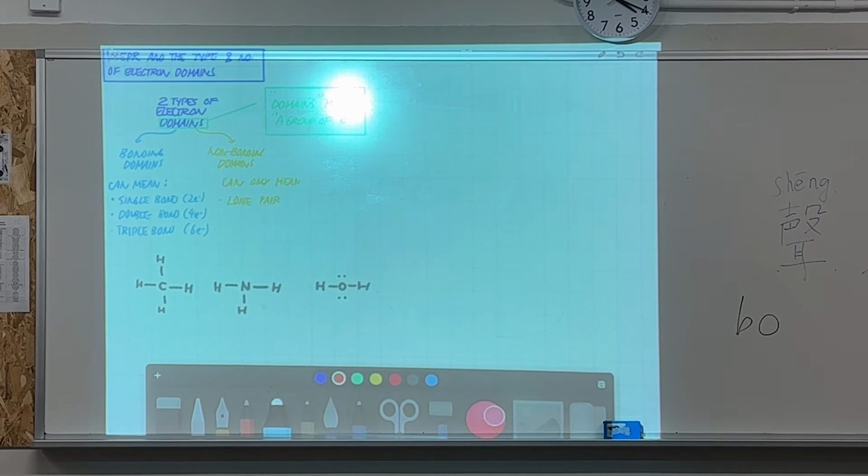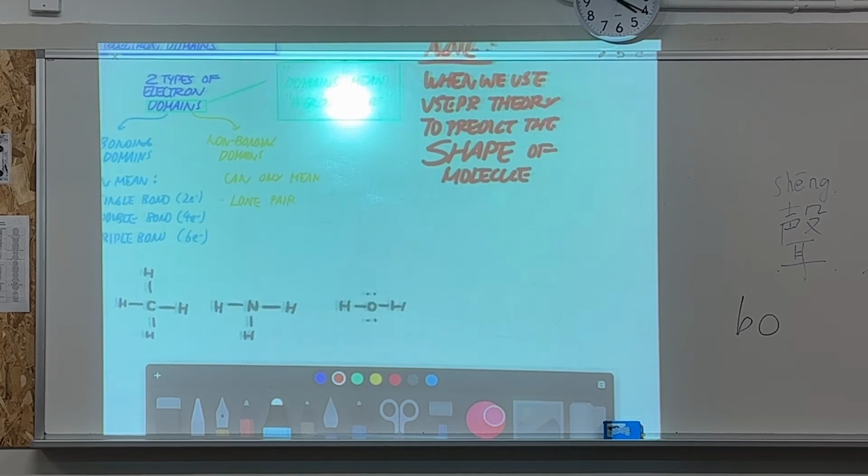So the very, very important note: when we use VSEPR theory to predict the shape of a molecule, we only focus on what is around the central atom. Everything on the side fades into the background, we don't care about them.